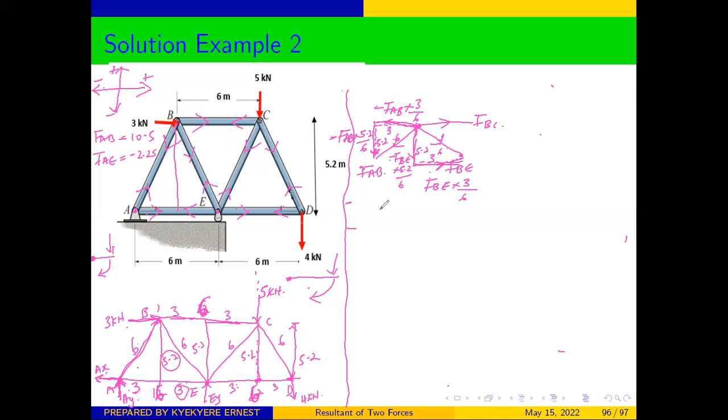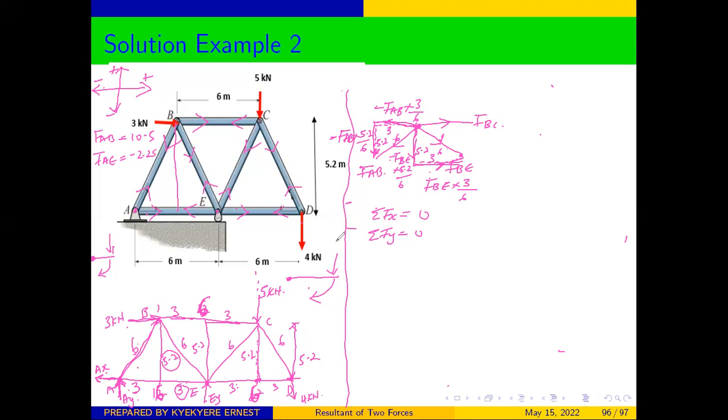From here, we can just sum our X and Y components. Sum of Fx is equal to 0 and sum of Fy is equal to 0. Let's first use our Fy. Sum of Fy is equal to 0. Therefore, we have the y component for FBE and the y component for FAB.